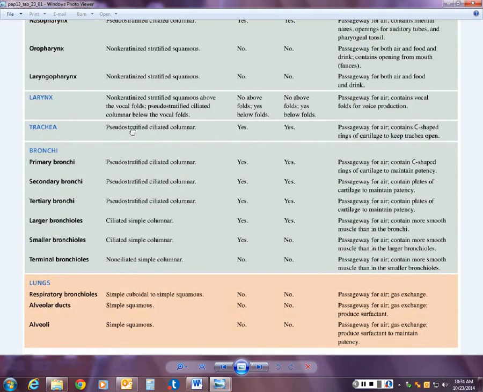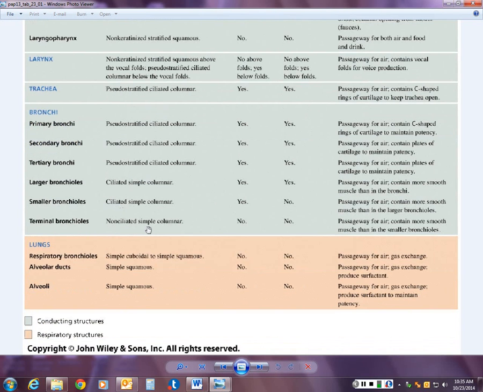If you start at the trachea, you have pseudostratified ciliated columnar epithelium. This is also true throughout all of the bronchi. However, once you transition into the bronchioles, the epithelial lining begins to change. It goes from pseudostratified ciliated columnar epithelium to ciliated simple columnar in the bronchioles, and then you lose the cilia when you reach the terminal bronchioles.